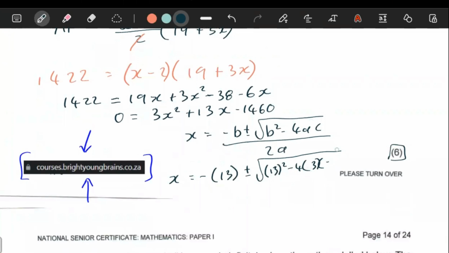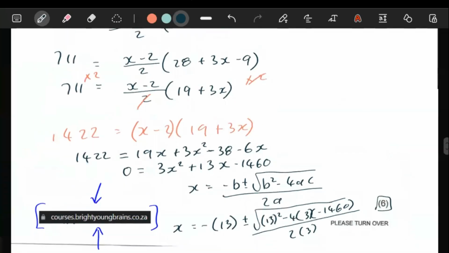The good news here is that our value of c is negative, otherwise we would have had a problem. This value needs to be bigger than this one, but since it's a minus and a minus, this is just going to be this value plus that one, so you'll still get something valid.